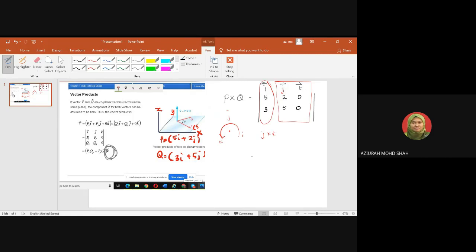So kita buatlah P cross Q equal to, okay, positif I. So yang ni 2 times kosong, kosong lah. Tolakkan dengan kosong.